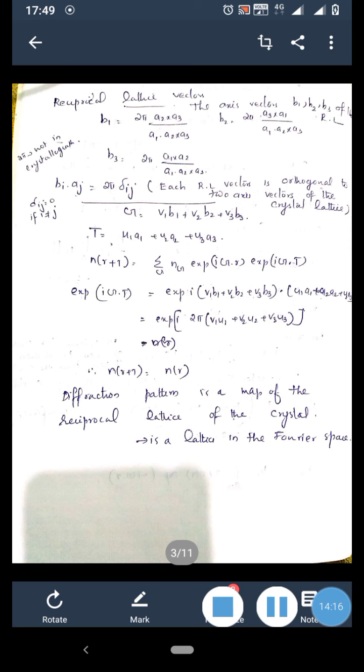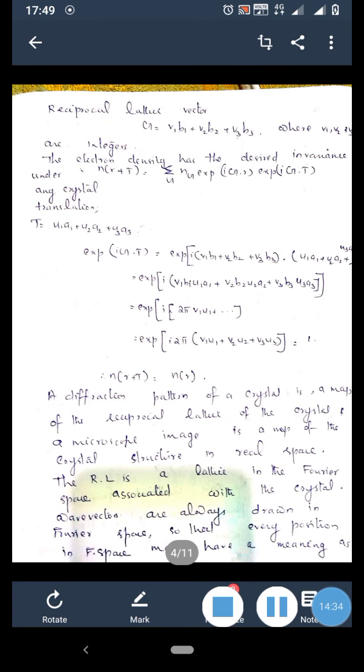So we can say that the diffraction pattern is a map of the reciprocal lattice of the crystal in Fourier space, or a lattice in the Fourier space. Then this reciprocal lattice vector is introduced as G equal to v1 b1 plus v2 b2 plus v3 b3.